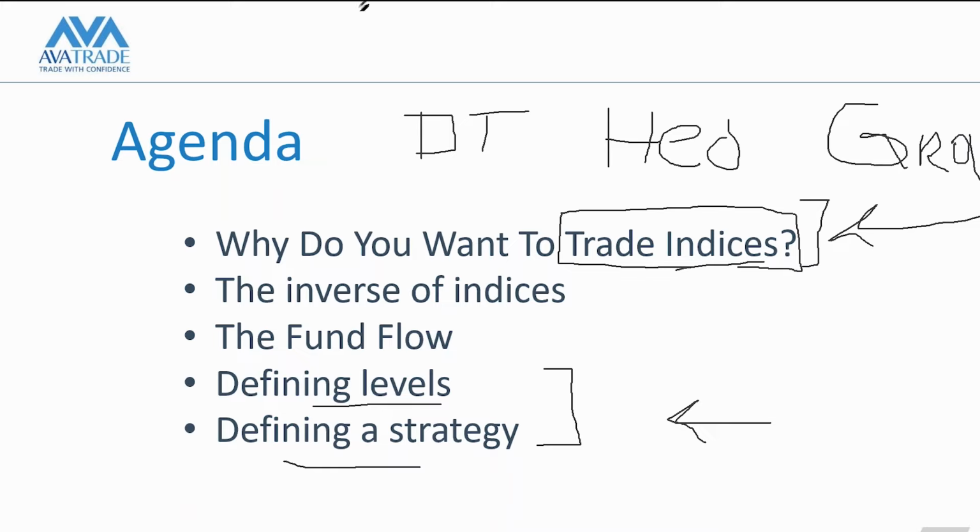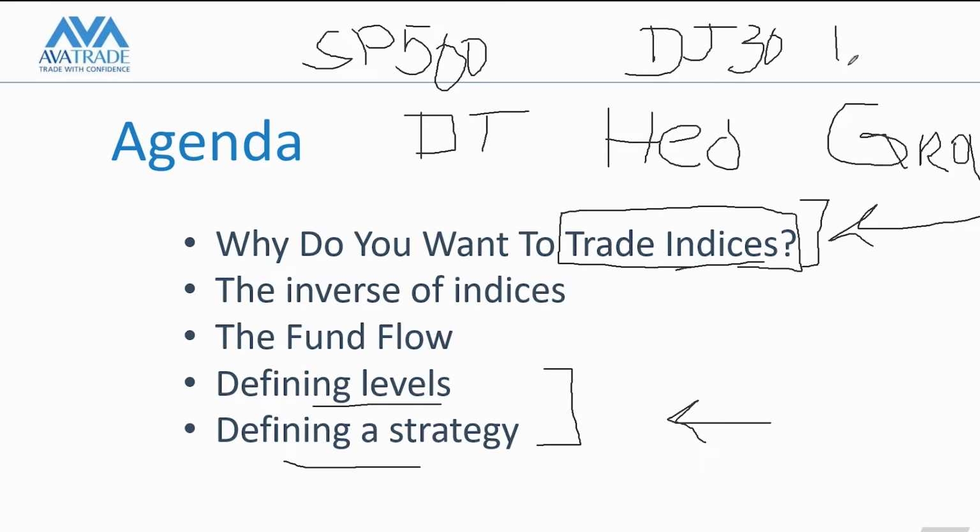So an index such as the S&P 500 index represents the top 500 companies in America. Similarly, the Dow Jones represents the top 30 industrial stocks in America. And for the UK, it is the UK 100, also known as the FTSE 100, which represents the top 100 companies in the UK.